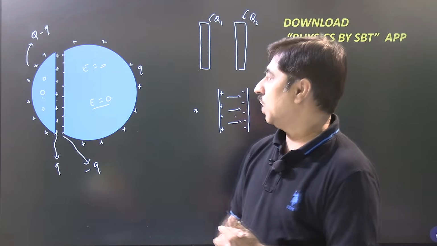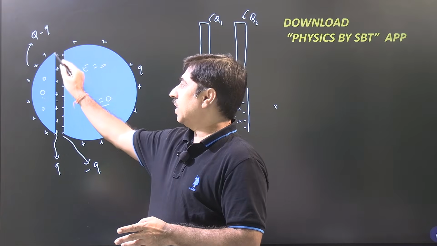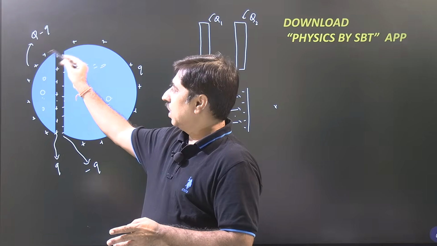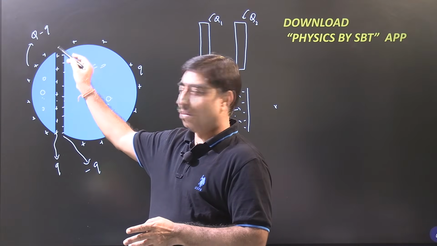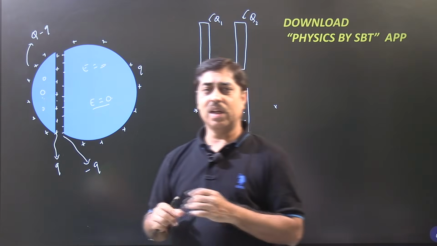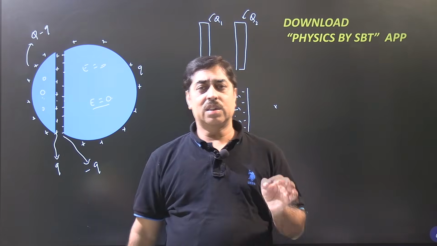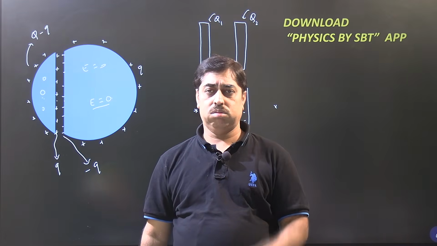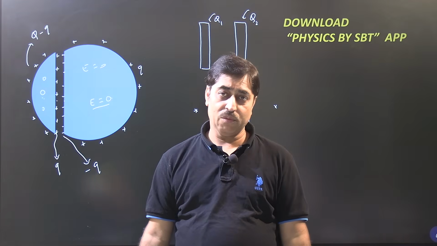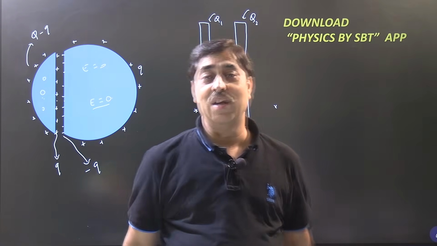So, capital Q charge is distributed uniformly on this surface and the surface area of this part is pi r square. According to the question, the surface area of this spherical part is 3 pi r square. Overall surface area of the entire sphere is 4 pi r square.